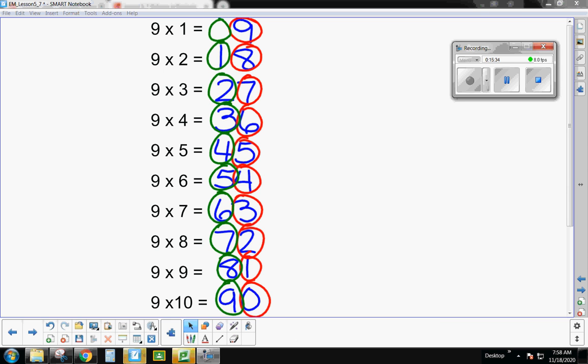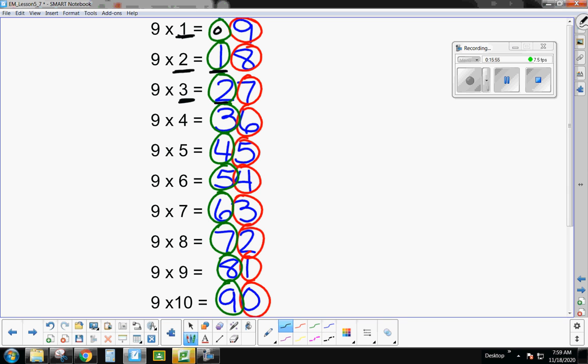All right, and this is so cool. I really hope that everybody noticed this. Did you notice when you multiplied by 1, the first number is, well, technically 0, right? When I multiply by 2, the first number of my product is 1. When I multiply by 3, the first number of my product is 2. When I multiply by 4, the first number in my product is 3.